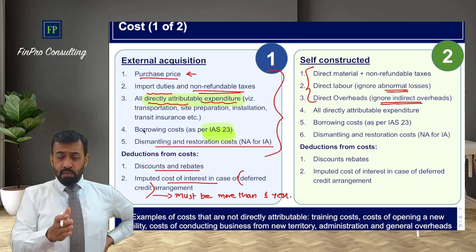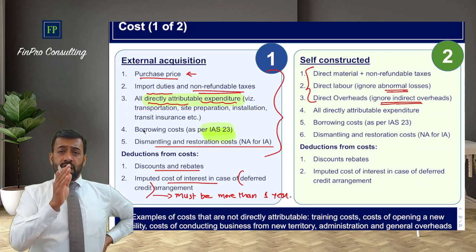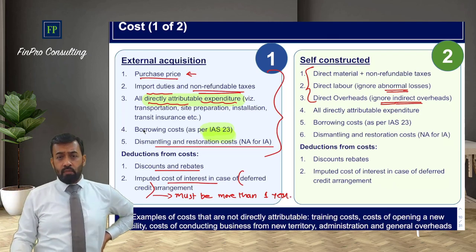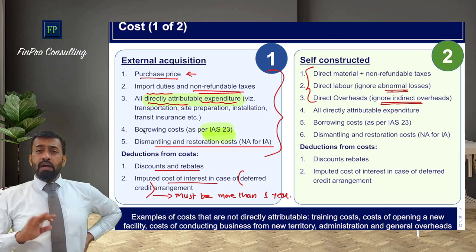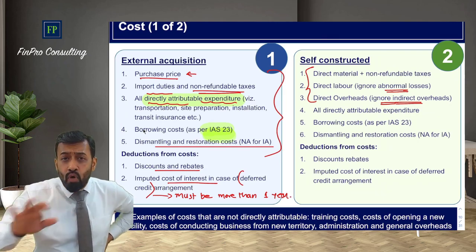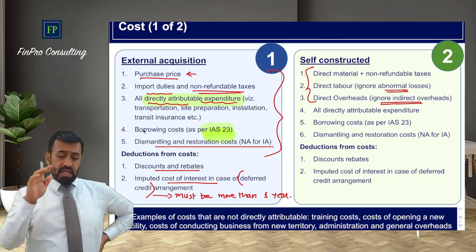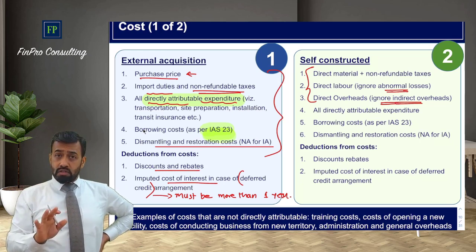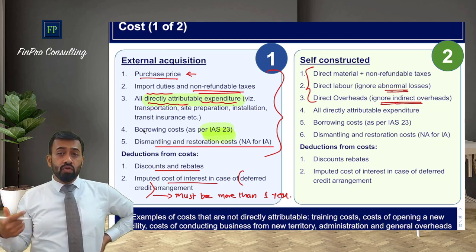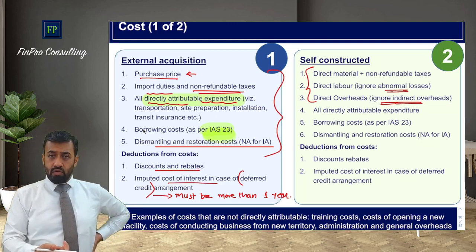As far as tangible fixed assets like PPE, intangible assets, and investment property are concerned, indirect overheads and allocated overheads are strictly prohibited to be capitalized as a part of the cost. You remember this, okay? If there is any such information, you'll have to reduce it from this, okay?